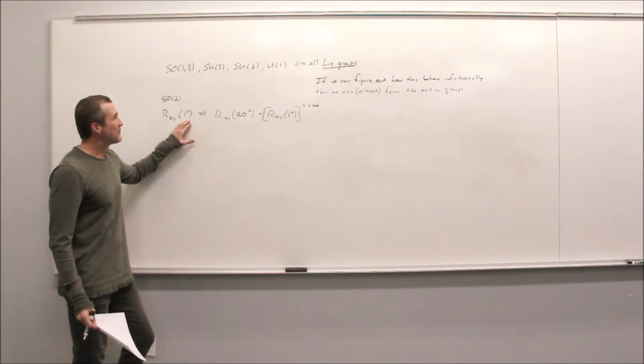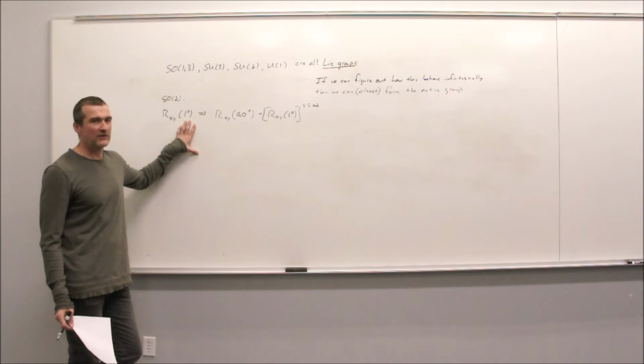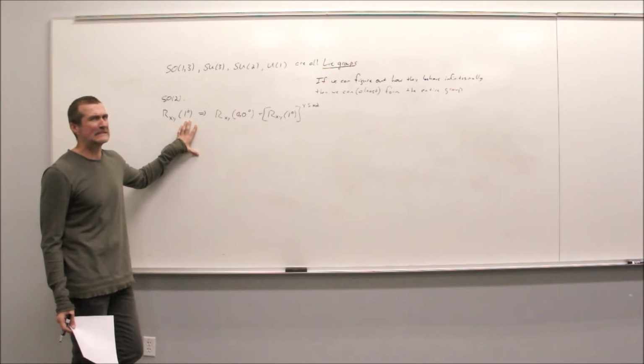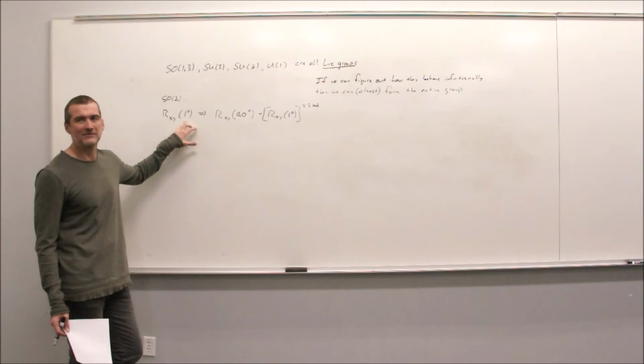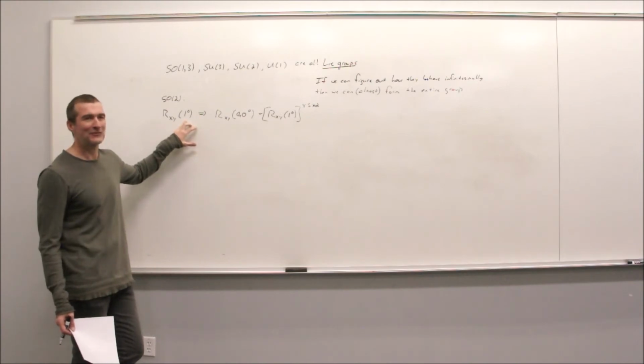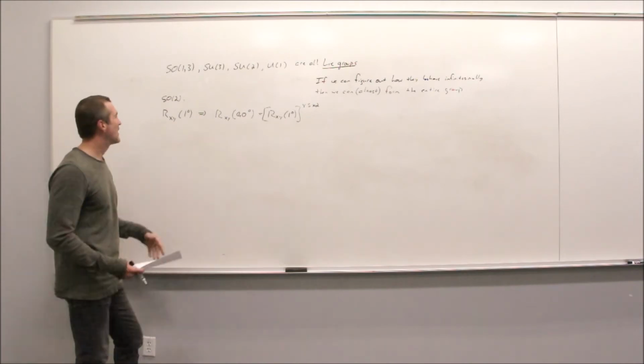Okay? But this is not super useful, right? Because what if you wanted to do a rotation by 260.3 degrees? I can't do a 0.3 degree rotation if I'm only building with integer blocks of rotation. Okay?